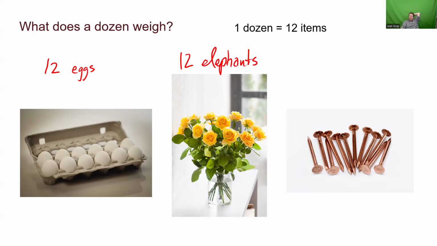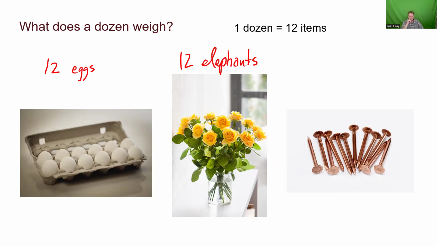Do you have a dozen of each of those things? If you have 12 elephants, do you have a dozen elephants? Yeah, you do. If you have 12 eggs, do you have a dozen eggs? Yeah. Now, it's a little bit more common for people to be comfortable saying a dozen eggs because that's the quantity that you typically buy eggs in, unless you go to Costco, in which you buy like 60 at a time, 5 dozen.